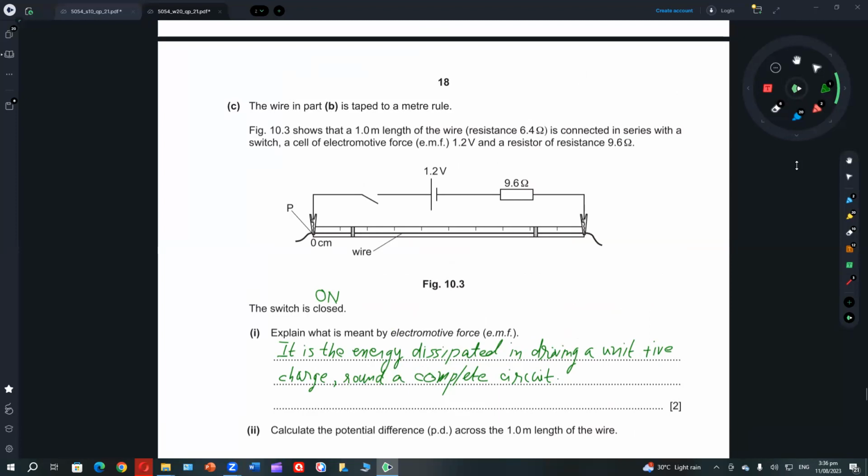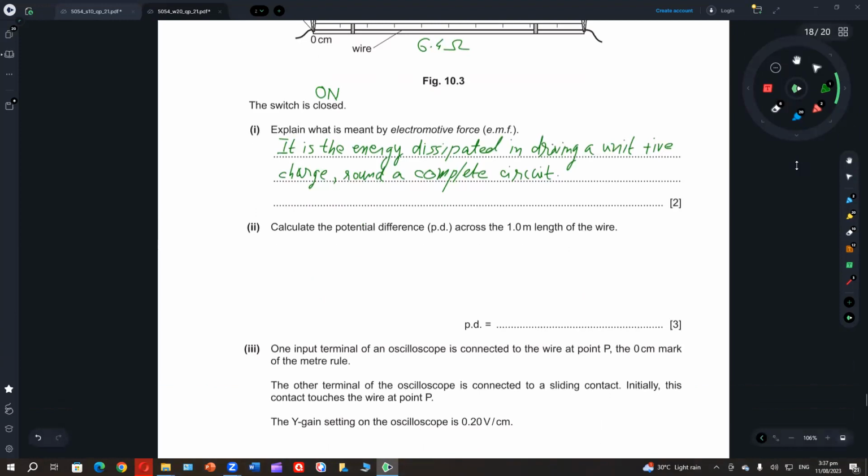He has given us the resistance of the wire, 6.4 ohm. So we know in series, voltage is divided in the ratio of the resistors. We have the resistors and we need to find the voltage.